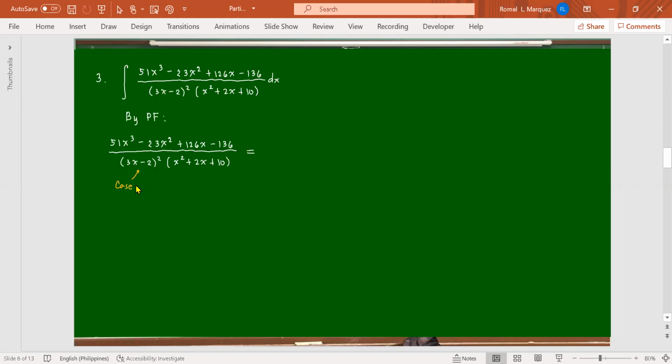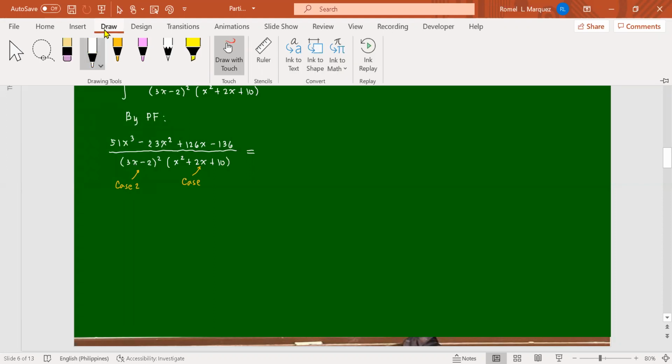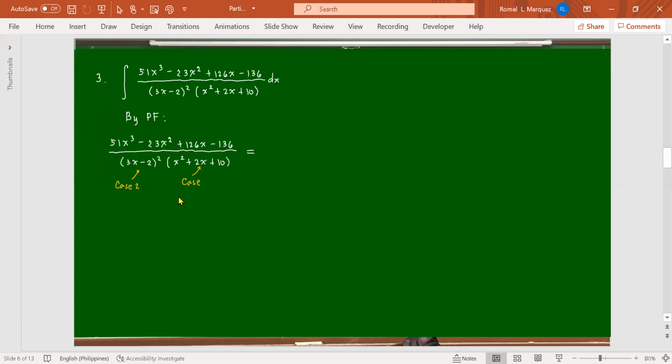That is linear repeated 2 times. And this one, case 3. Non-factorable quadratic. Let's see if it's really a non-factorable quadratic. So b squared minus 4ac: b squared is 4, minus 4 times a, a is 1, c is 10, which is less than 0. So this is guaranteed not factorable into linear factors with real coefficients.